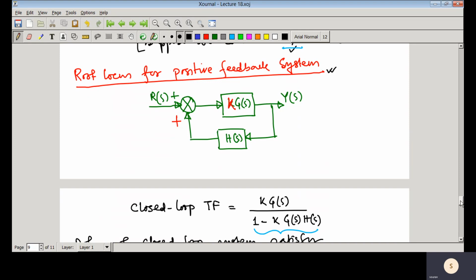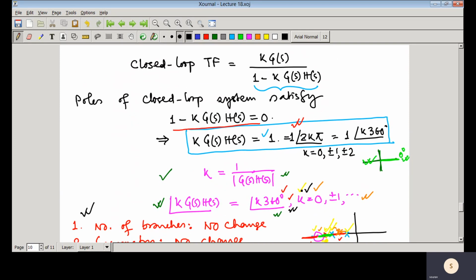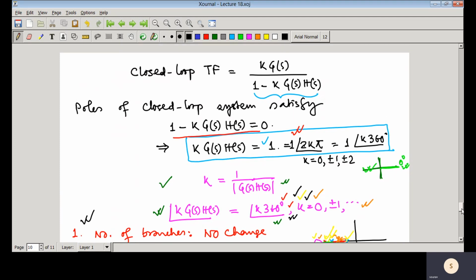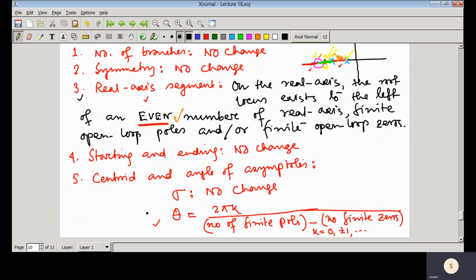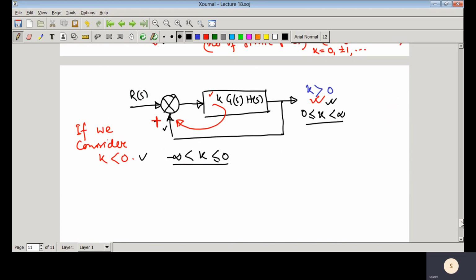So there would be a change related to only that angle condition, and associated with that angle condition, that is rule 3, real axis segment, and finding that centroid as well as angle of arrival and angle of departure. So you only need to change that angle condition, and you can easily draw that root locus. And this is how to apply this particular result, that means root locus with positive feedback.